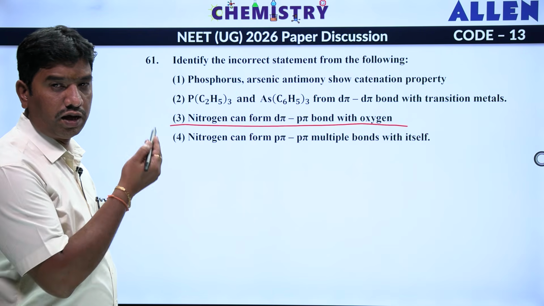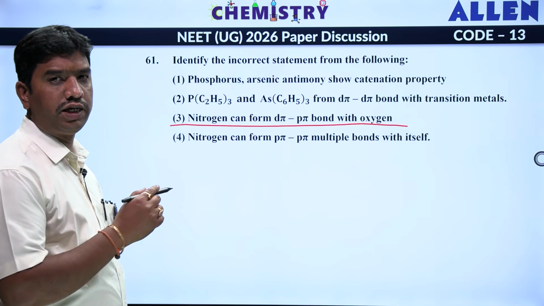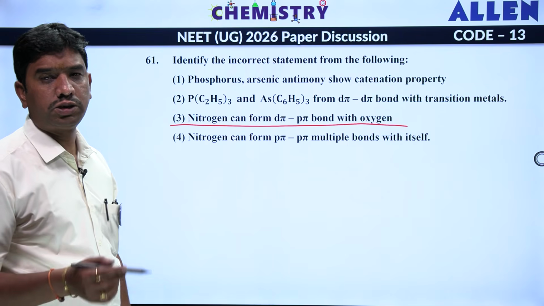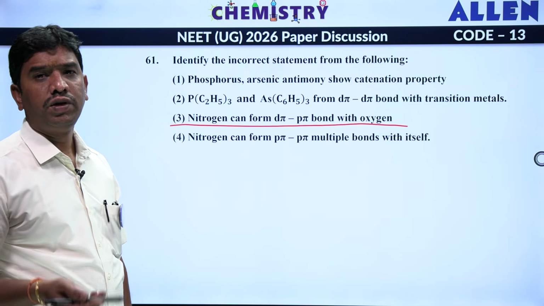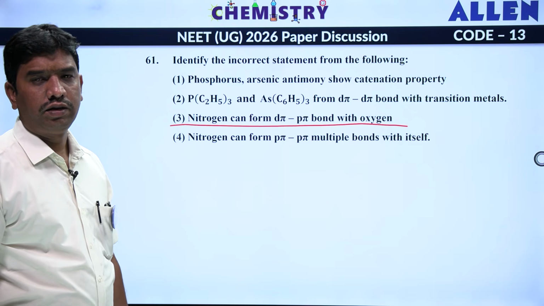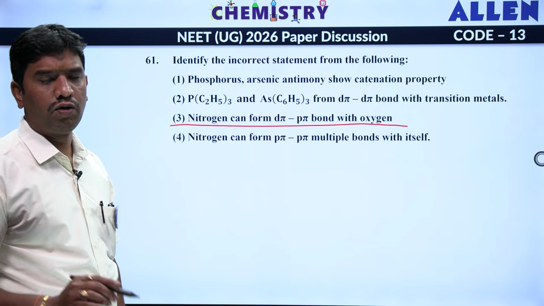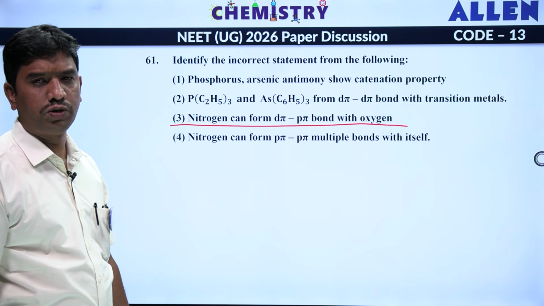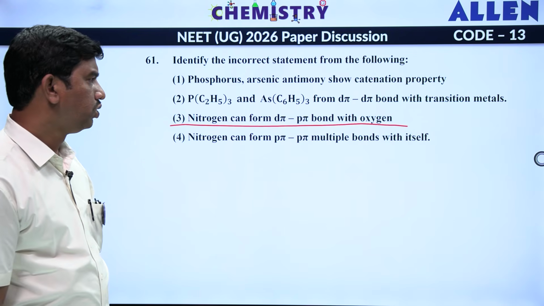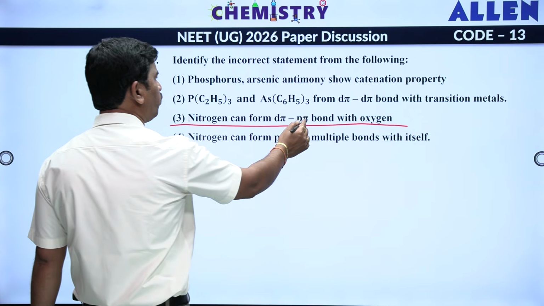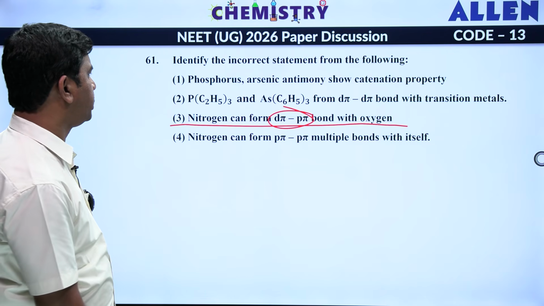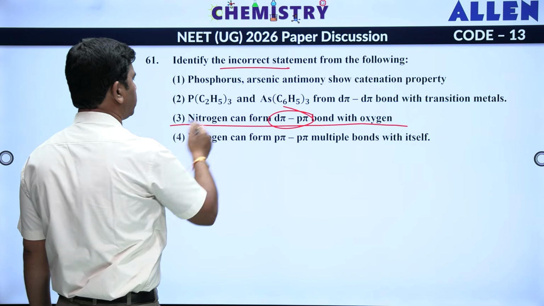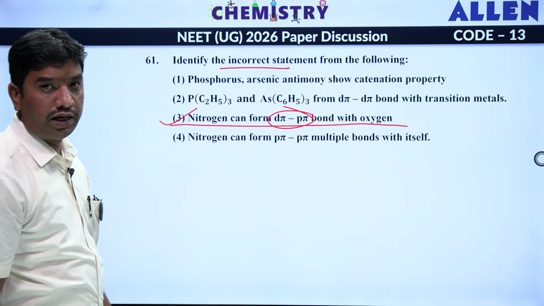By seeing the options only, one elimination we can easily identify, because both oxygen and nitrogen do not have any d orbitals, right? These have only 2s and 2p orbitals in the outermost shell. So there is no possibility to form a d pi p pi bond. So simply we can identify this statement. They are asking for the incorrect one. So option 3 is the incorrect one.